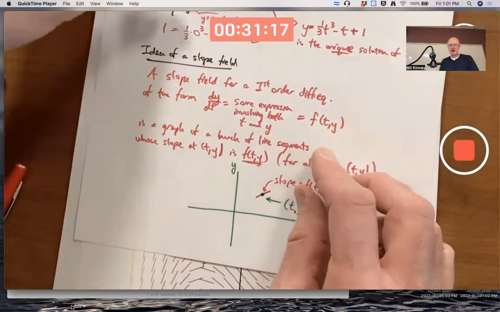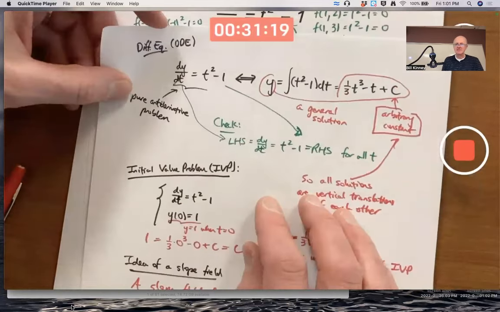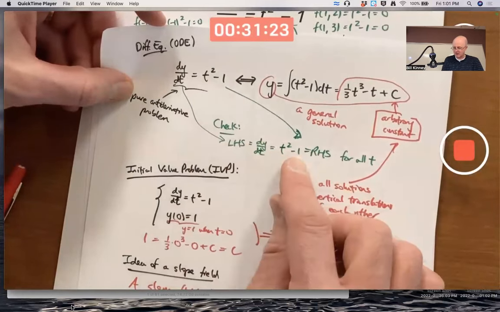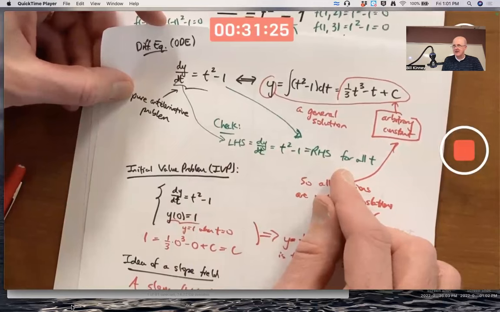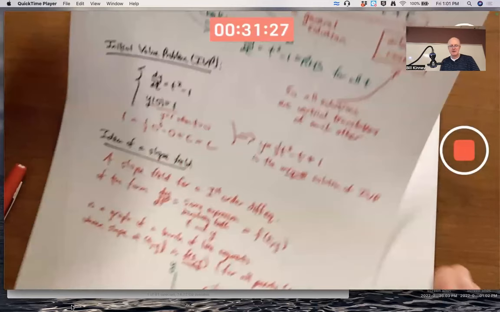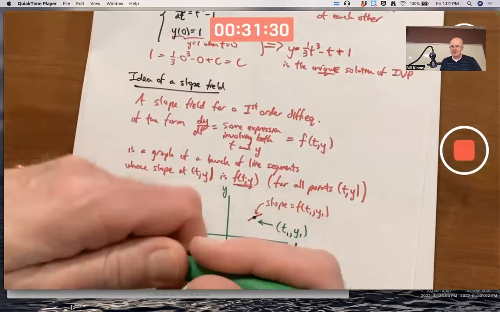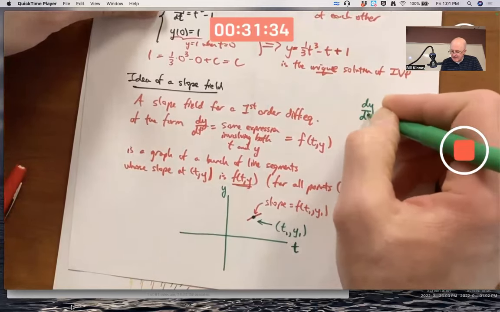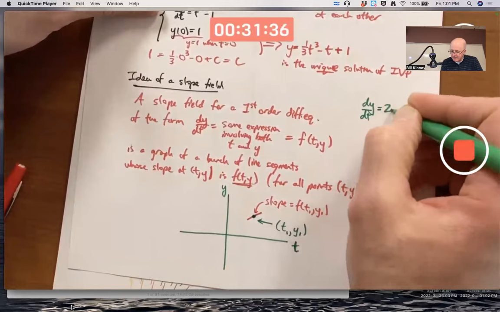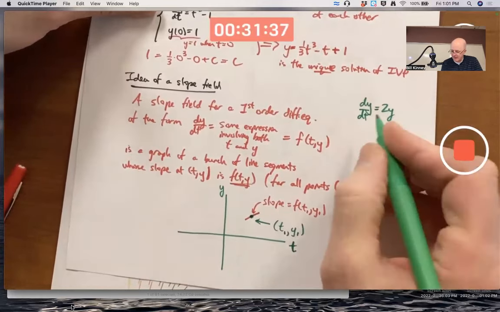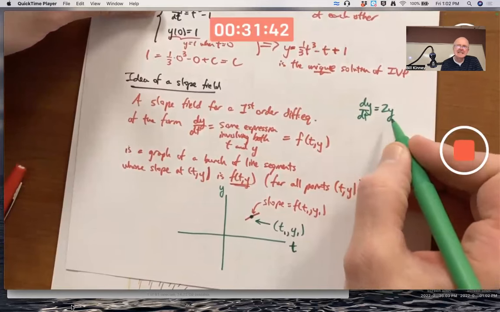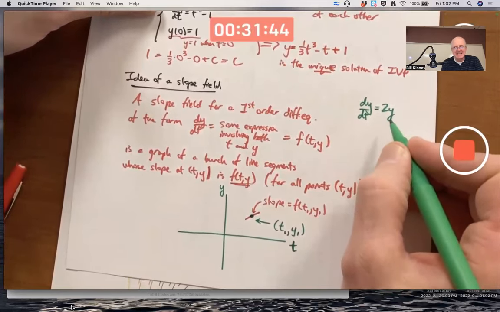That's easy to think about with pure antiderivative problems. There's a function whose derivative is always the right-hand side, t squared minus 1, for all t. It's harder to think about with examples like the exponential growth model, say dy/dt equals 2y. I'm looking for a function whose derivative is always 2 times itself. y is the function itself.